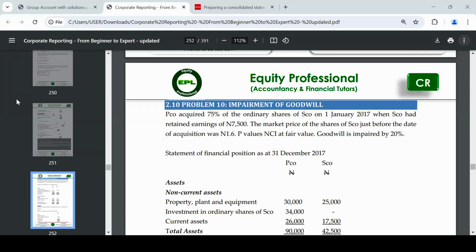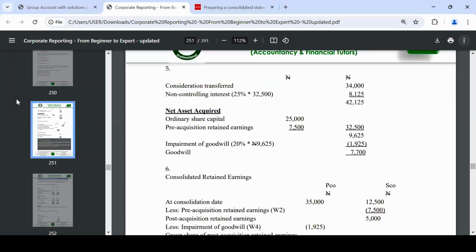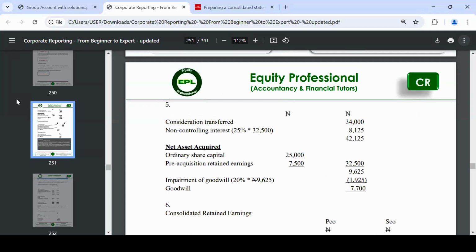I'll go back to the previous question. Let me show you something there, just to show you that PICO owned all of the goodwill. How did I know? Okay, PICO transferred 34,000 naira for 75% of the retained earnings of ESCO. Now, those net assets of ESCO we said is 32,500.